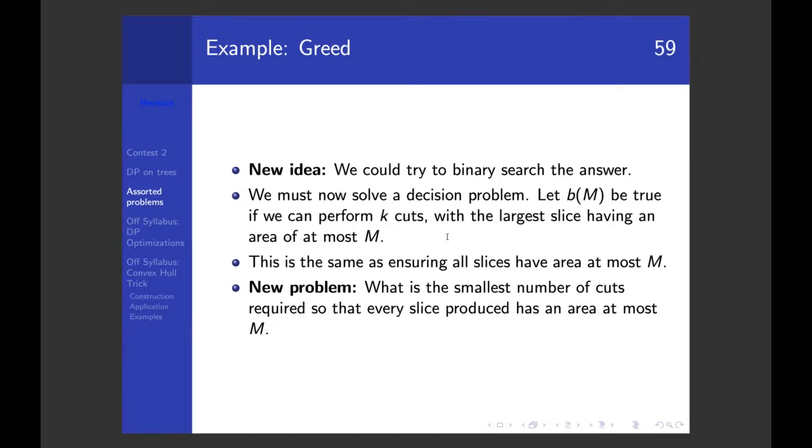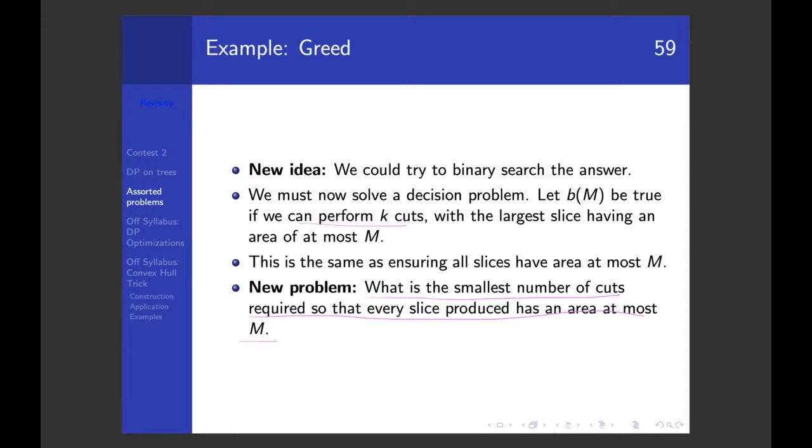So our new problem, our decision problem, is: what is the smallest number of cuts required so that every slice produced has an area at most m? We slightly modify this problem from can we do it in k cuts to what is the smallest number of cuts required so that every slice has an area at most m.